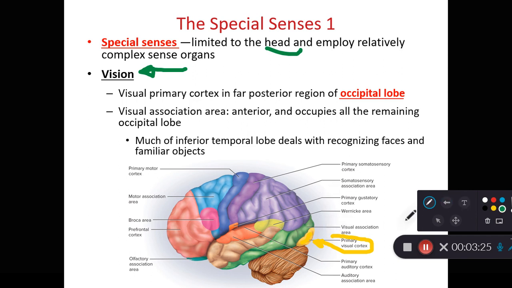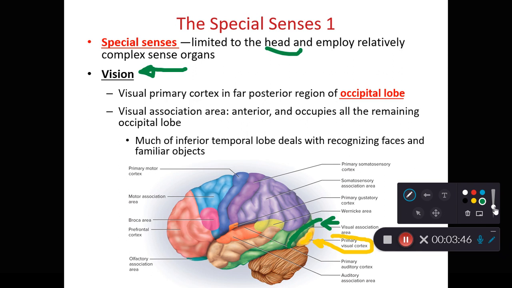And then right next to it in green, we have our visual association area. These areas help us to process what we're looking at. Now, it's also worth emphasizing that inferior regions of the temporal lobes deal with recognizing faces and familiar objects. So vision isn't necessarily limited to the occipital lobe. Most of the processing does happen in the occipital lobe, though.